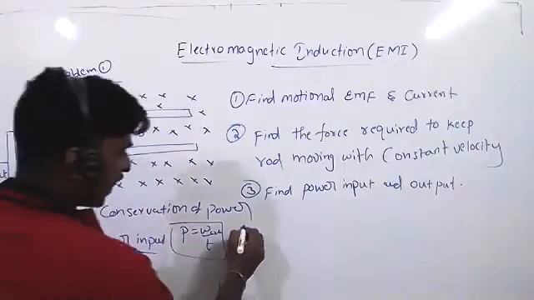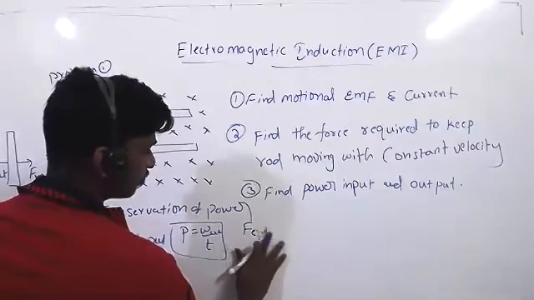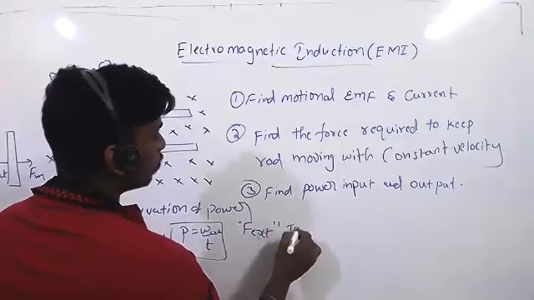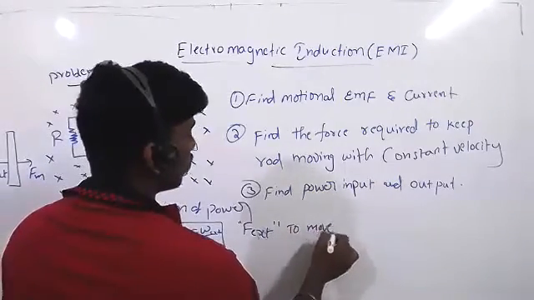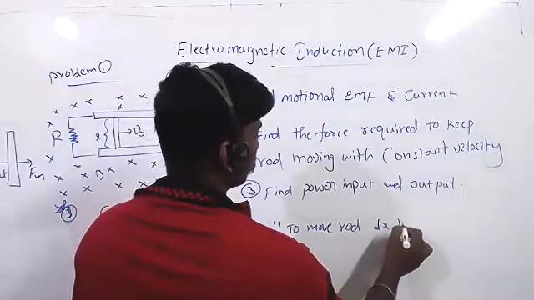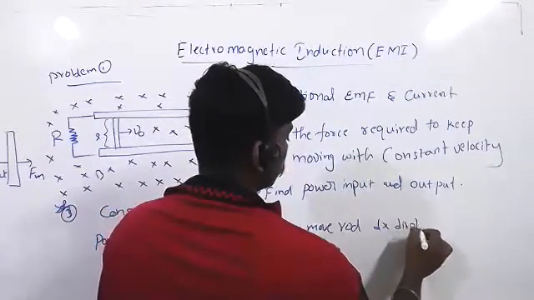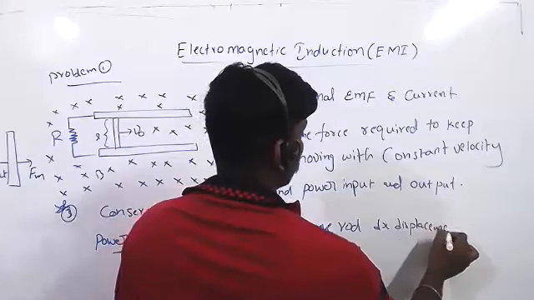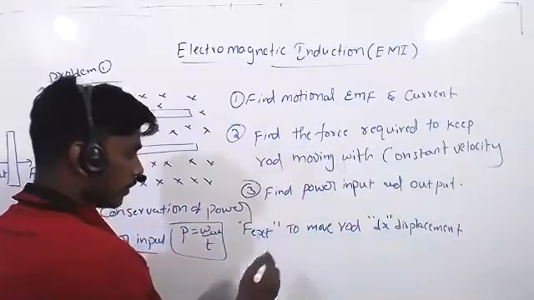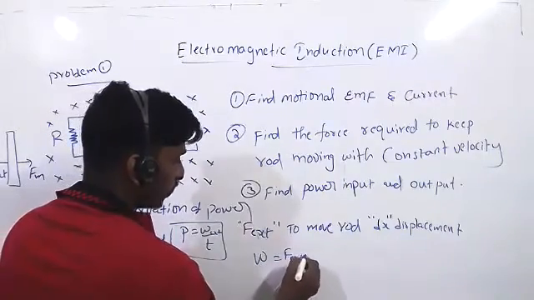Now F external moves the rod a distance dx, a small displacement. Work is equal to external force into displacement.